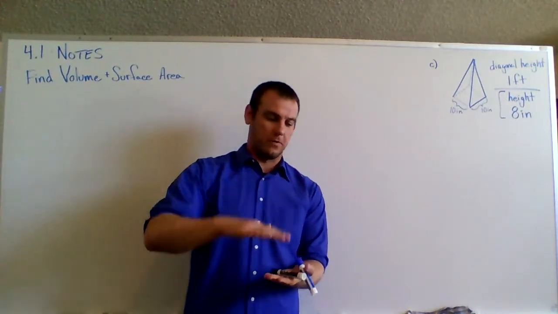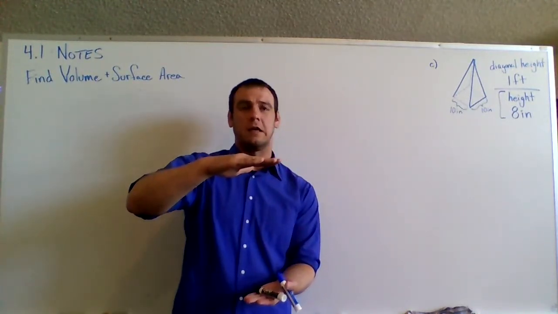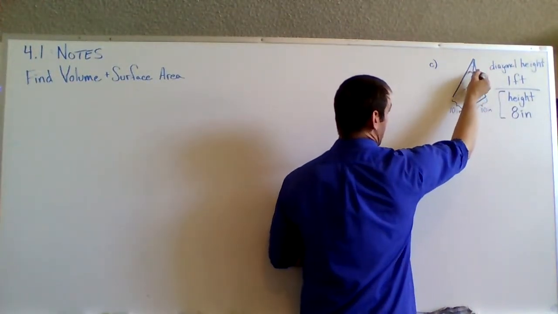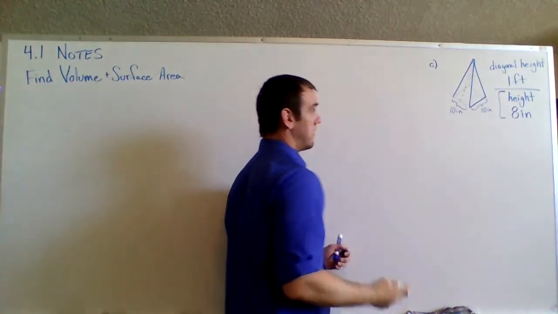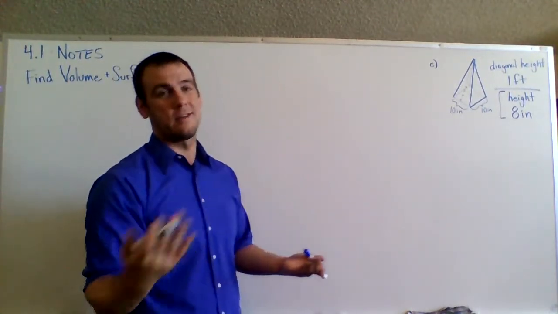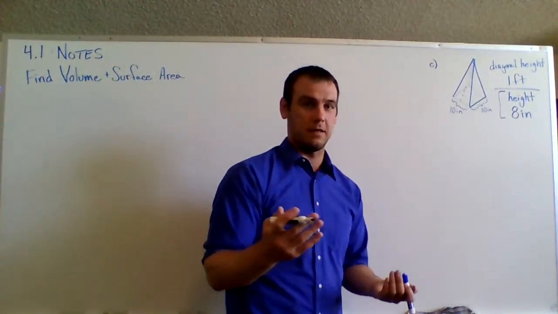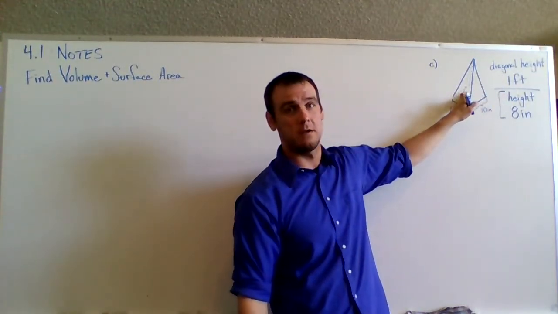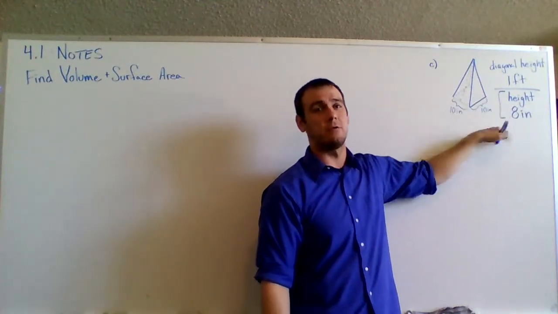From your base straight up would be your height. Your diagonal height would be on a tilt, so that diagonal height is going to be a little bit longer than the actual height. We're going to use the diagonal height when we're doing surface area. We're going to use the actual height when we're doing volume.